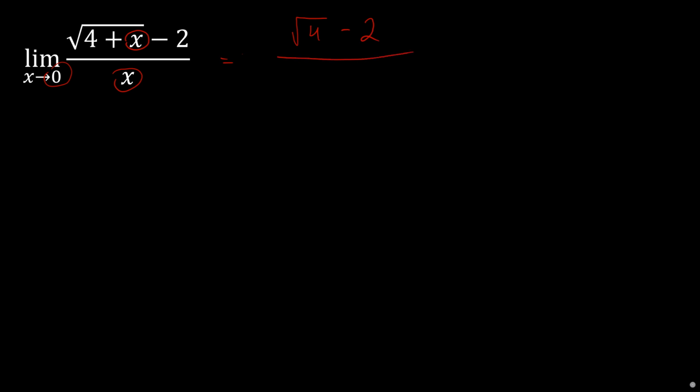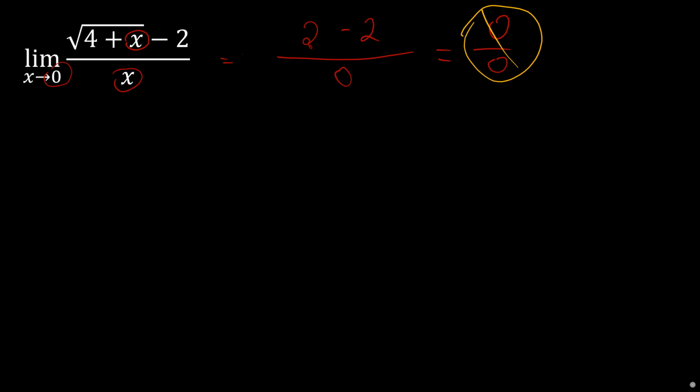Or no, it would matter, because look, square root of 4 is 2. And then you plug in 0 on the bottom, so that would equal 0 over 0. And that's not good. Like I said, we do not want that. We want basically the answer.